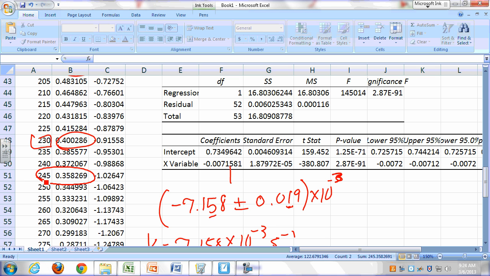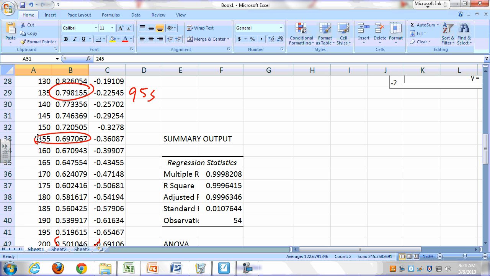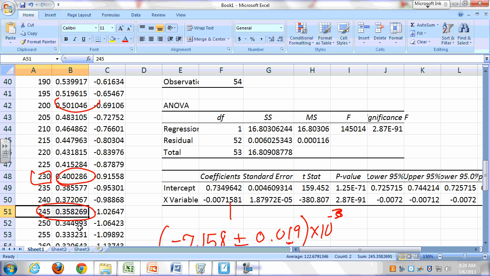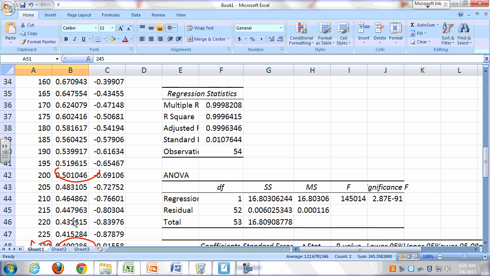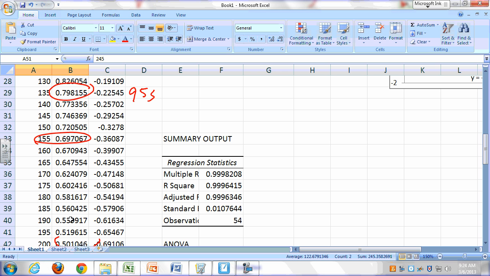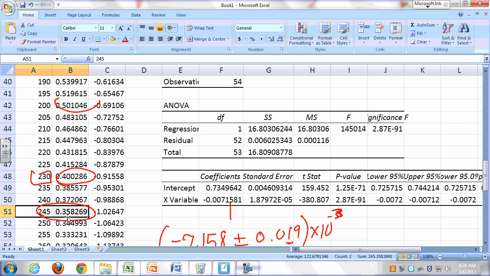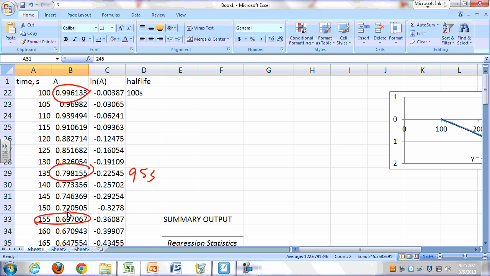Around 245 seconds. So you're going from 155 to 245. It's about 90 seconds, okay? So you're getting a more or less constant half-life throughout this process. And of course, we're not getting the exact numbers here, right? So you can see there's some variability there. So that's what you need to determine. So now we've established that this reaction is first order. Okay?